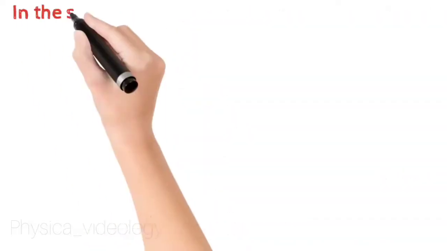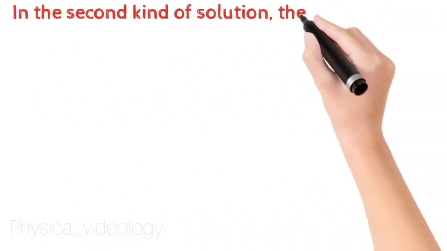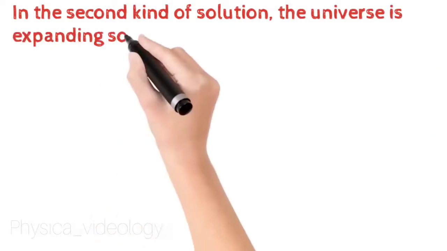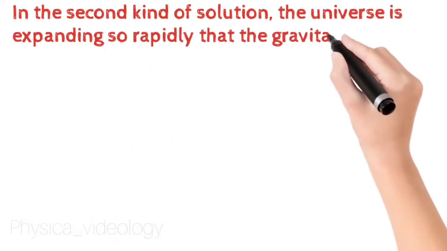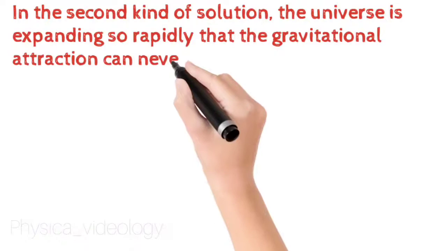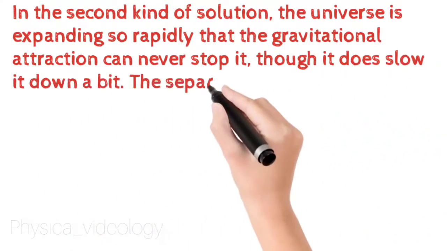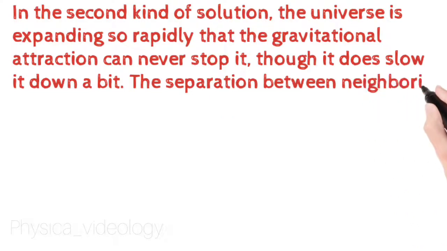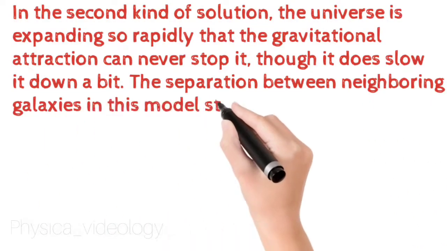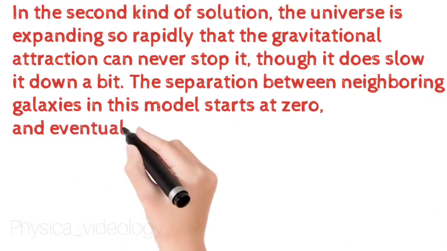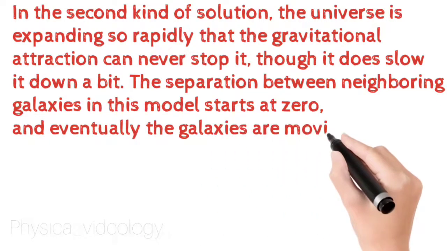In the second kind of solution, the universe is expanding so rapidly that the gravitational attraction can never stop it, though it does slow it down a bit. The separation between neighboring galaxies in this model starts at zero, and eventually the galaxies are moving apart at a steady speed.